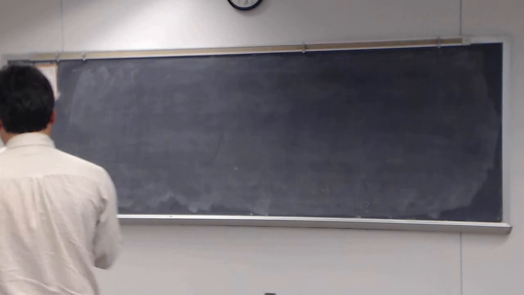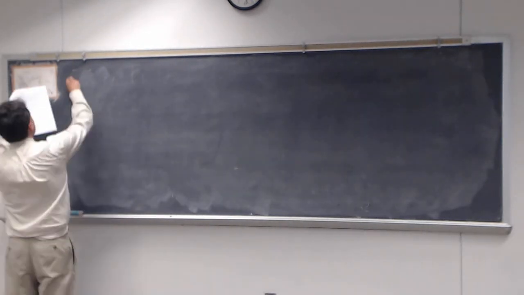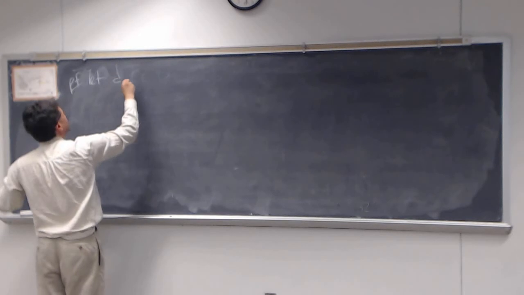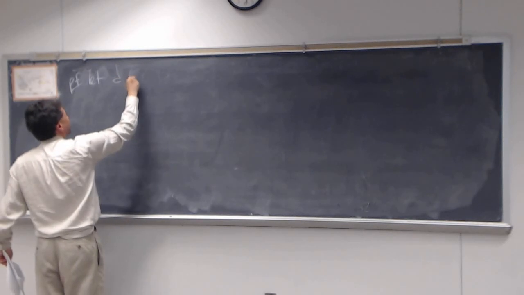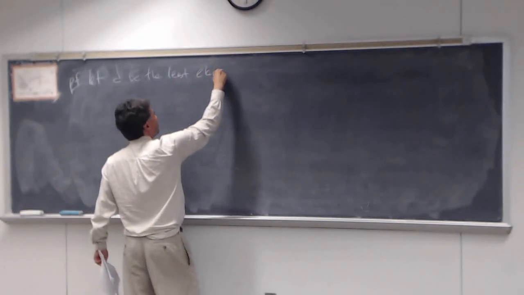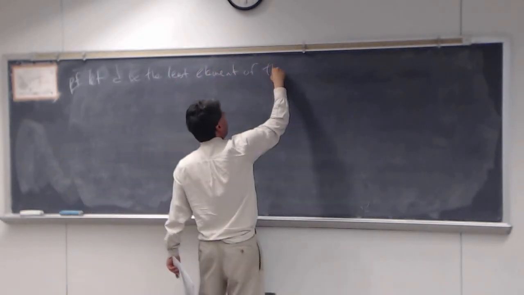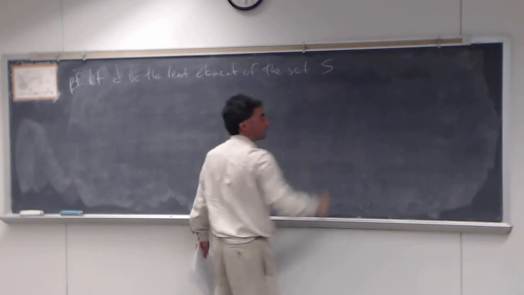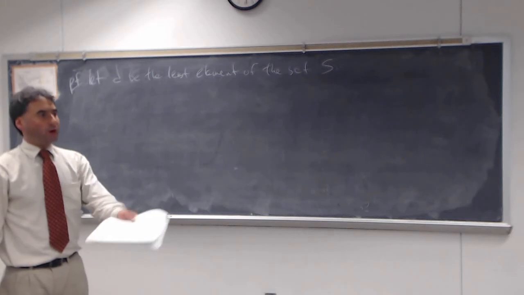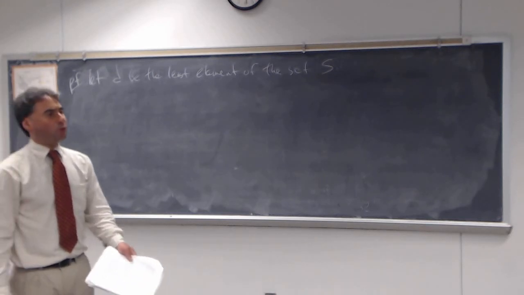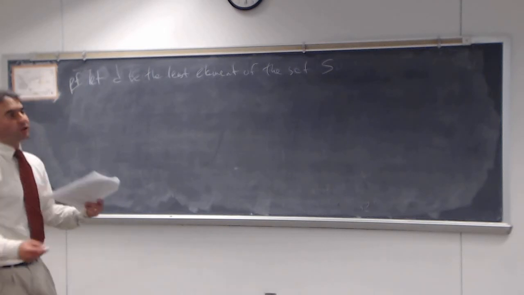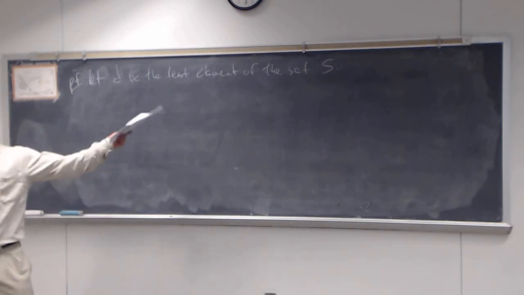Okay, so let's try to prove this. Let D be the least element of the set S. So the set S is defined as all positive integers of the form an integer times A plus an integer times B. We're not going to look at that whole set, we're only looking at the positive elements in that set.